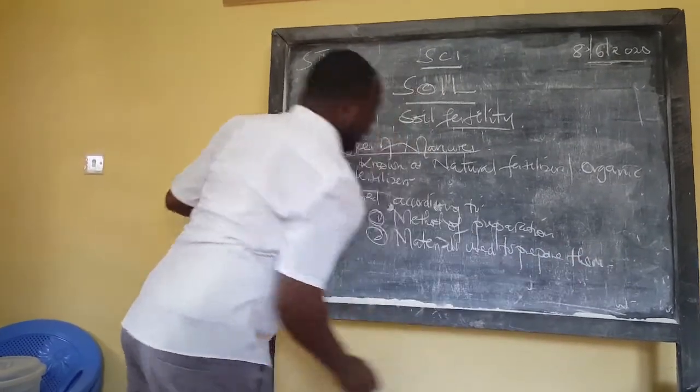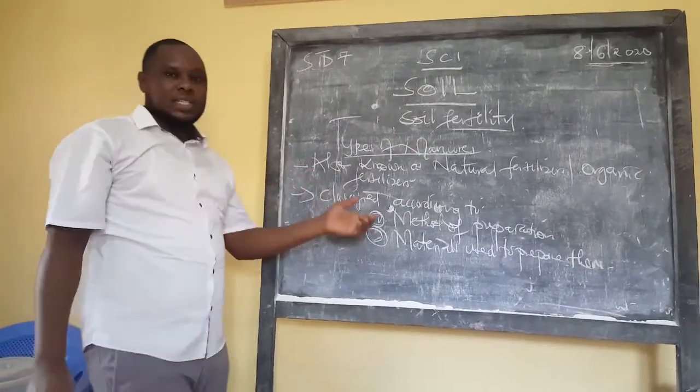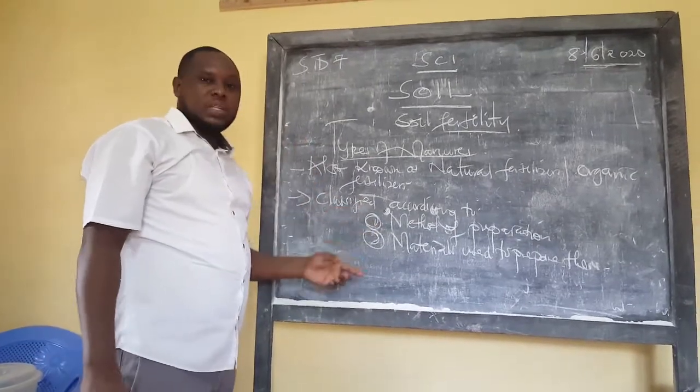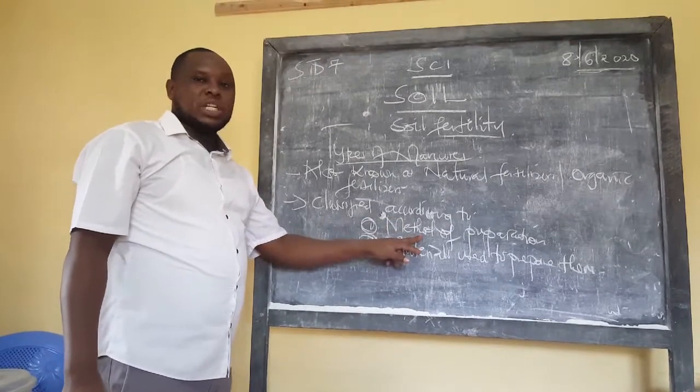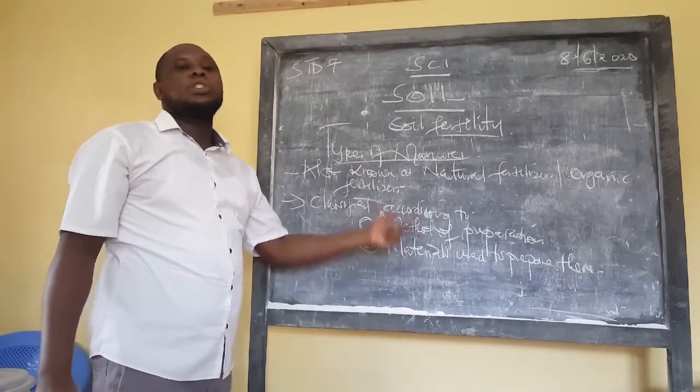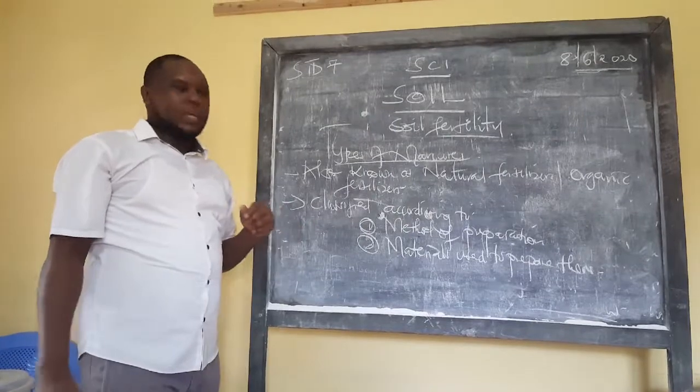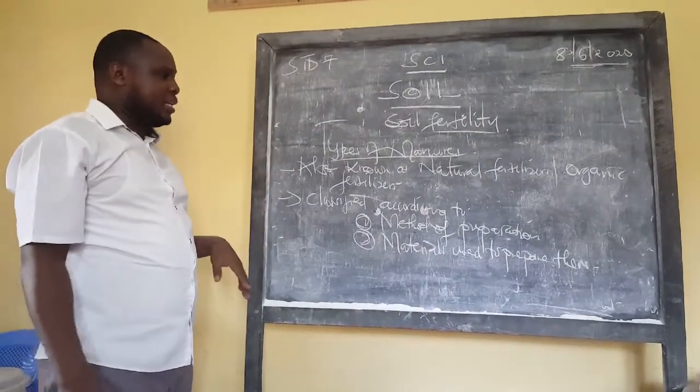So when we classify these natural fertilizers, you realize that the names we are going to give them suggest either the method of preparation or the type of materials used to prepare those particular natural fertilizers. So there are 4 in number, as I said.